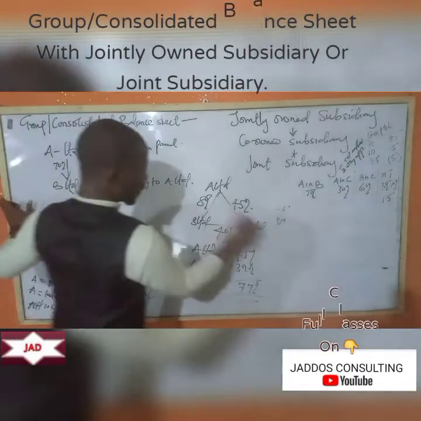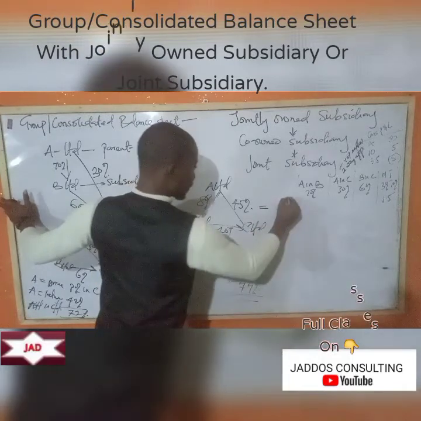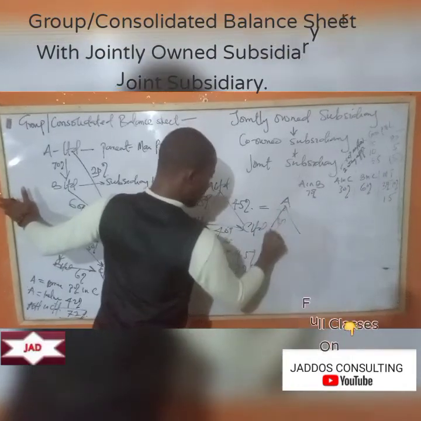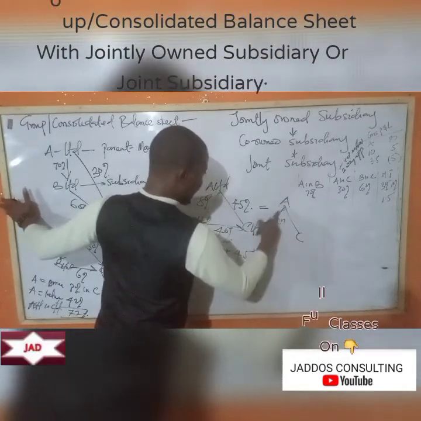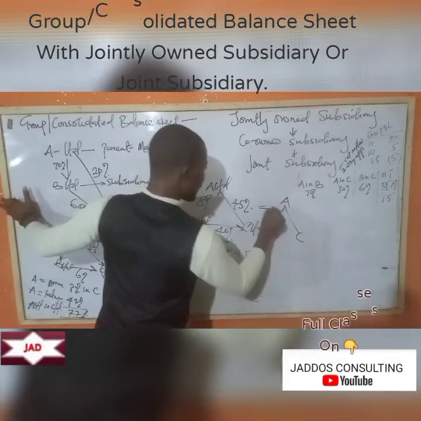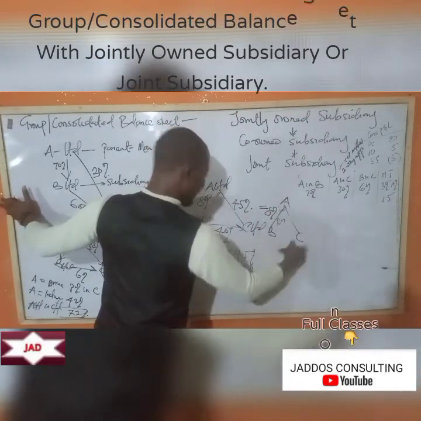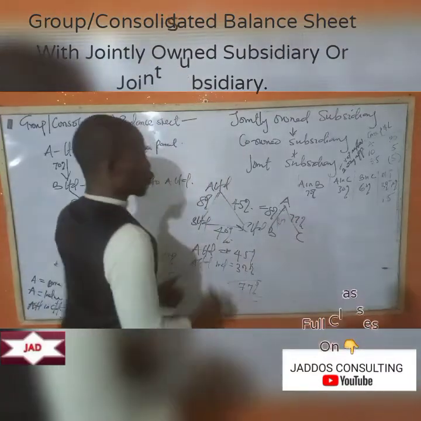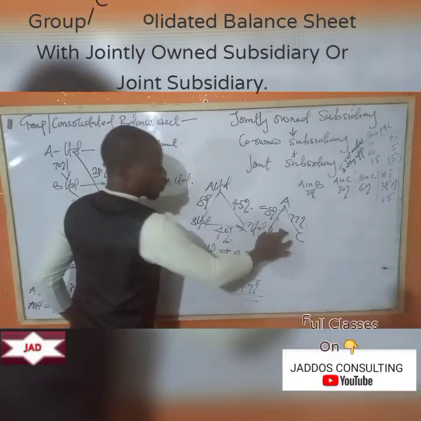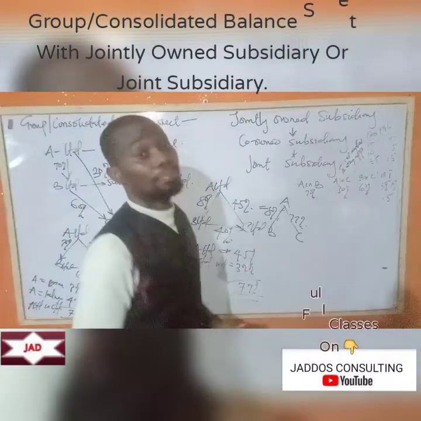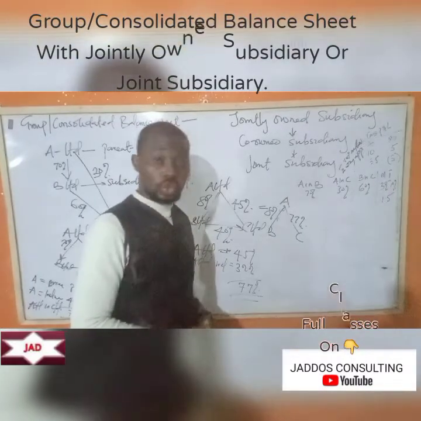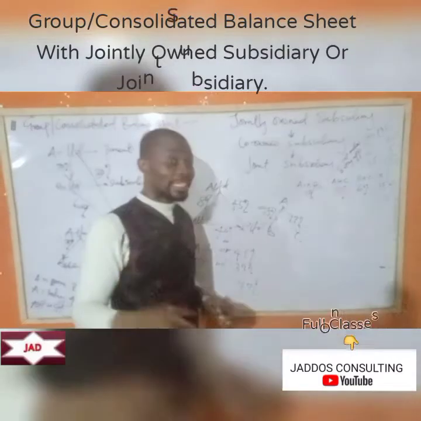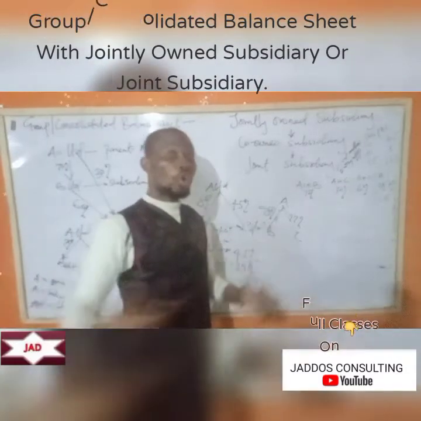This one now, of course, is the same thing as A in B and C. So A in B, of course, we know is 80%, but A in C will now be 77 percent. So you can now go ahead to consolidate using the principle of fellow subsidiary.